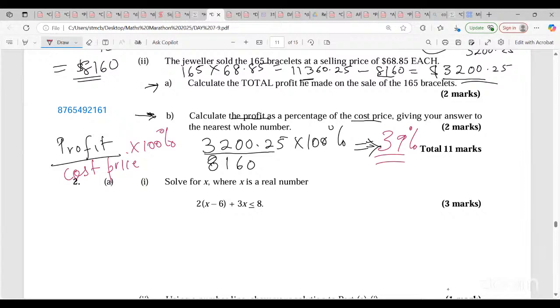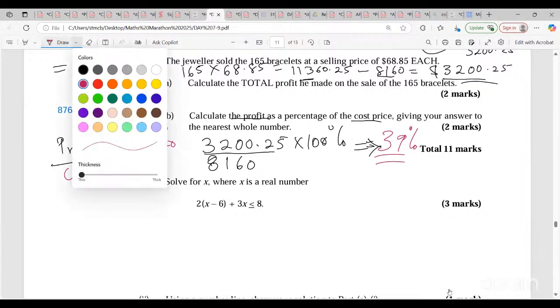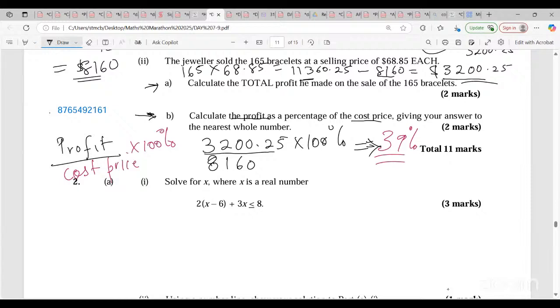All right, so we expand the bracket, guys, right? That's the first thing we have to do. 2 times x is 2x, 2 times negative 6, negative 12.